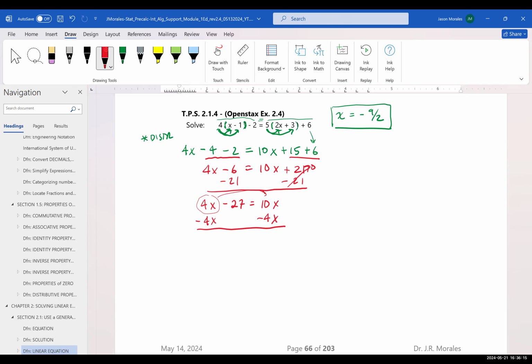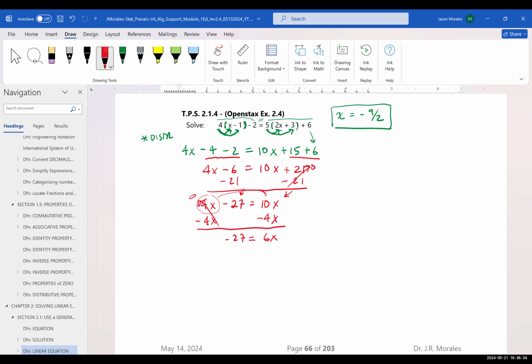That'll put our variable on the right side and our constant on the left. So this will add up to 0. We have -27 is equal to, let's see, -27. Yeah, 6x.